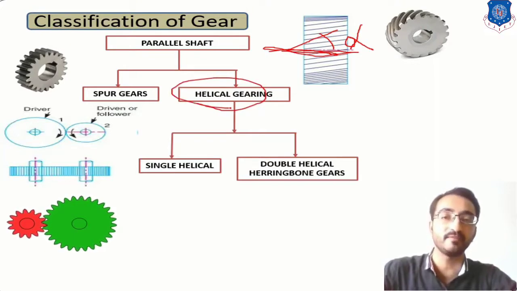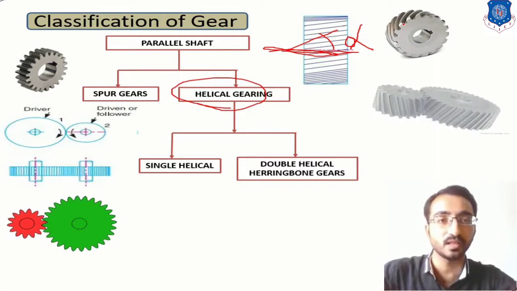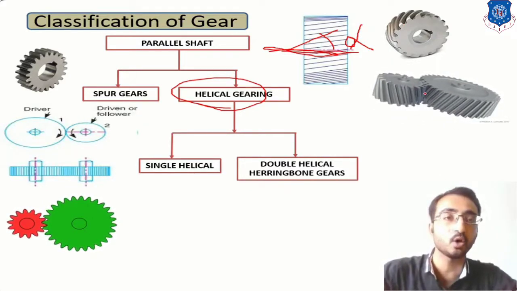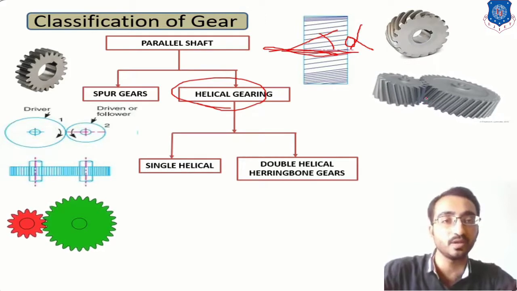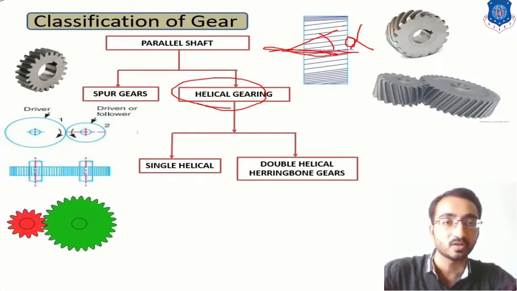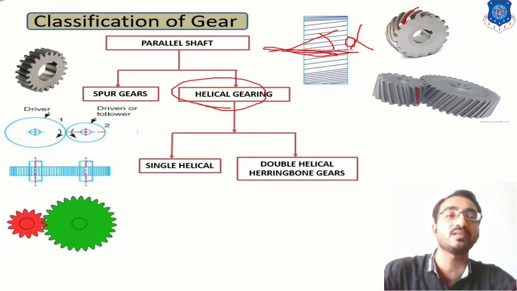Now what will be the benefit? If you refer to this figure, while meshing with the other gear, it will not make sudden contact, but a gradual contact with the entire surface. If you refer to another gear meshing with it, you can see that these teeth come into gradual contact. First one tooth will come into picture and gradually it will mesh with the entire tooth.